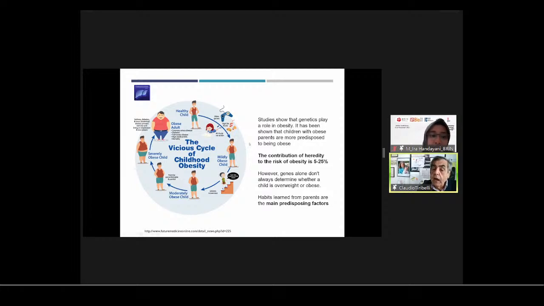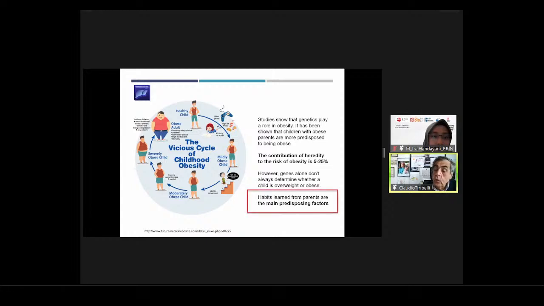And if you look around, you see that genetics may play a role in obesity. We know now that the contribution of heredity to the risk of obesity is 25%. This variability is related to the genetic background of the different studies performed.